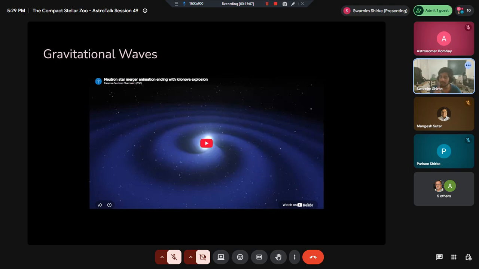Gravitational waves are pretty much exclusive so far to compact objects, because gravitational waves require very strong gravitational fields, and very strong fields are created only by compact objects. When you put a large mass in a small volume, this is where you get extreme gravitational fields, and that's why gravitational waves open up a whole window to probe such compact objects.